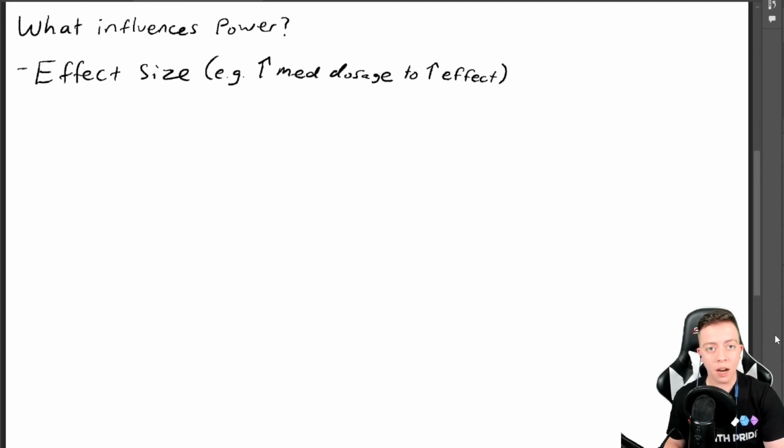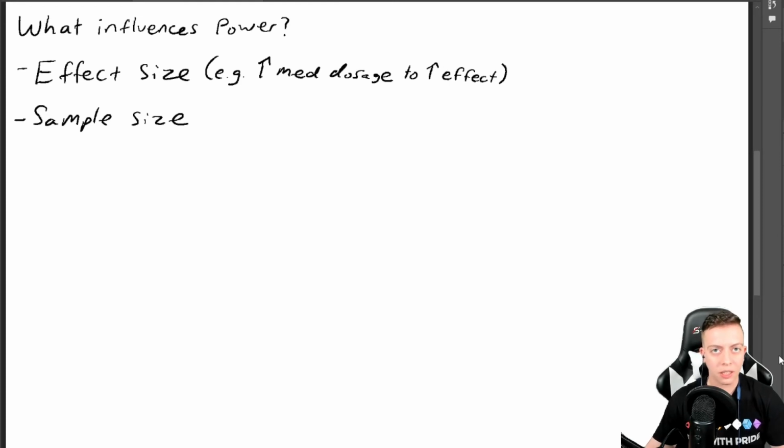So effect size can impact power, because if there is more of a difference that is detectable, of course, your test is going to be more likely to detect that difference. The next one is sample size. And this is one that factors into why we choose 80% versus 90% for power, because in order to detect a significant difference, you can increase power by increasing your sample size.